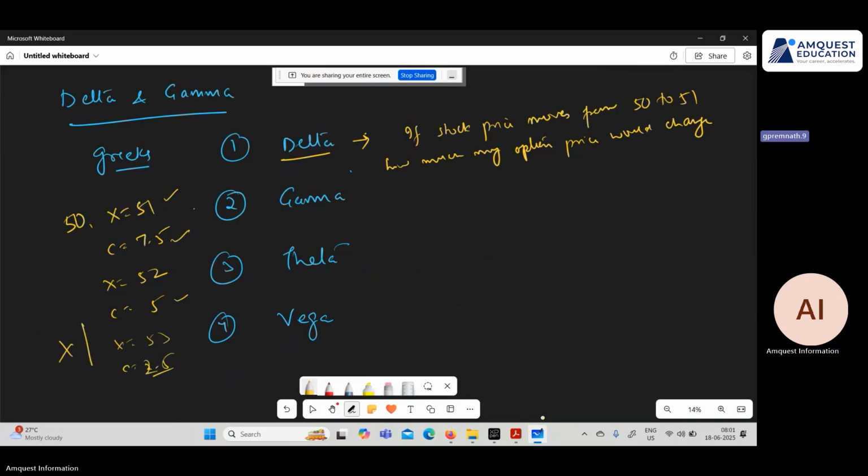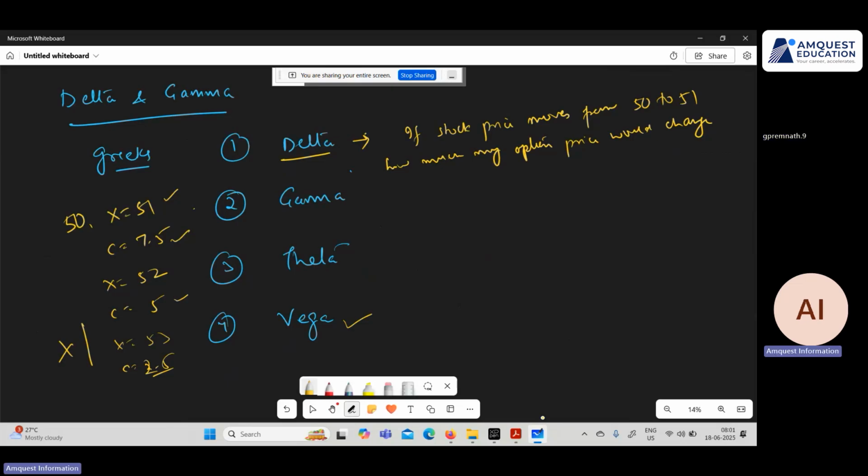But the idea is that delta gives us that flexibility to calculate theoretically that, okay, this could be the approximate price. Although what you see in the market, the actual thing, or when you calculate from a model, is not going to be the same because there are so many factors. Every moment the volatility is changing.